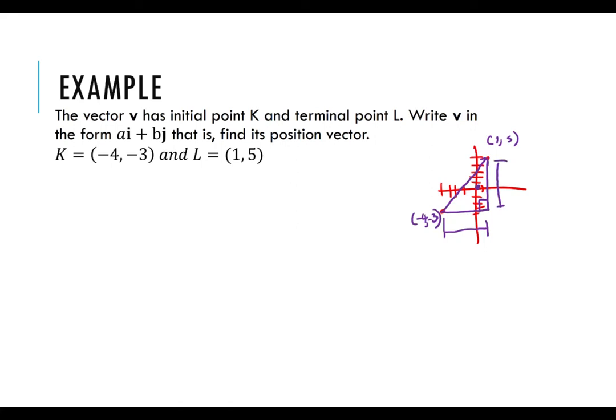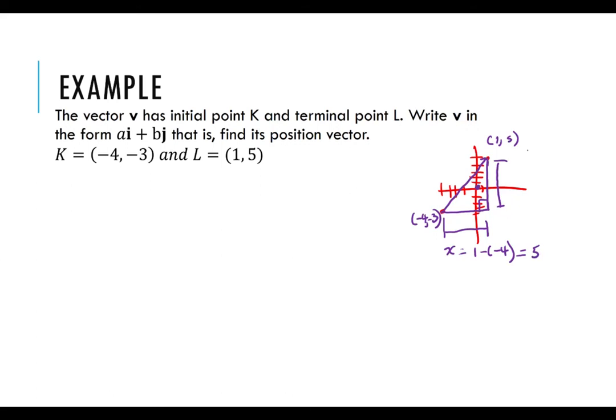To find the x distance, that's just the distance between the two numbers, the final minus the initial. So x is equal to 1 minus -4, which is 1 plus 4, or 5.